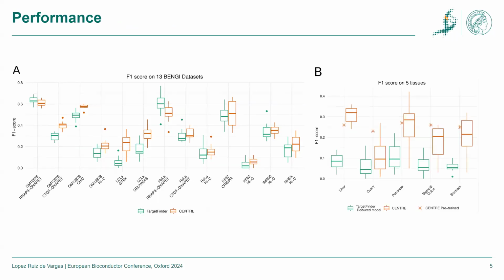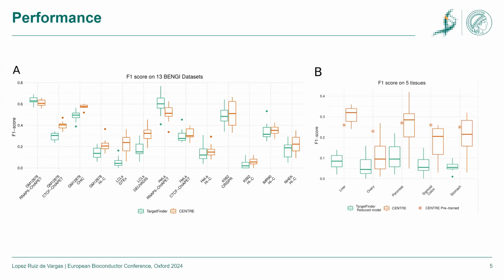Then we compare this to the state of the art, which is closest to ours, which is Target Finder. We measure the performance on the Benji data sets. These are a benchmark that was done on many cell types using different annotating enhancer target pairs, using different technologies.